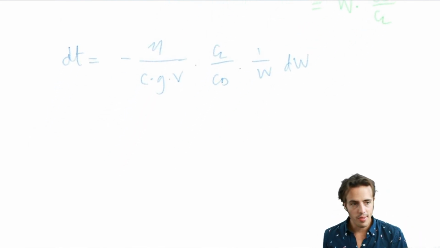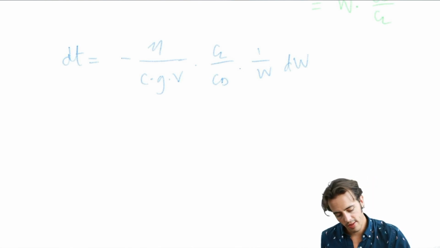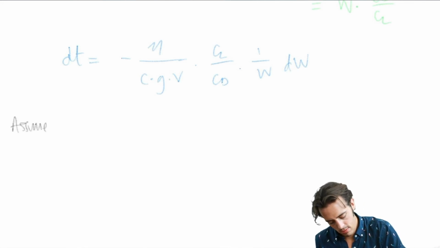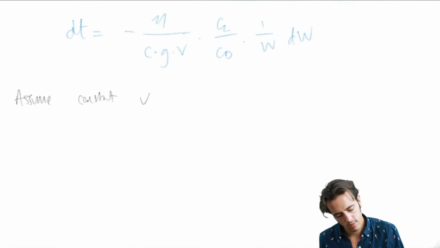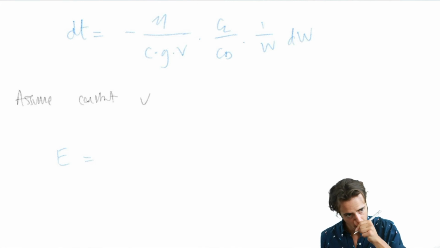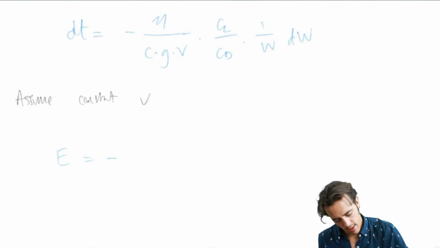If we want to integrate this expression, this is going to give us the endurance of our aircraft if V is constant. So we're going to assume constant velocity. If we integrate the left-hand side, our endurance is given by minus eta divided by c g V, CL on CD.